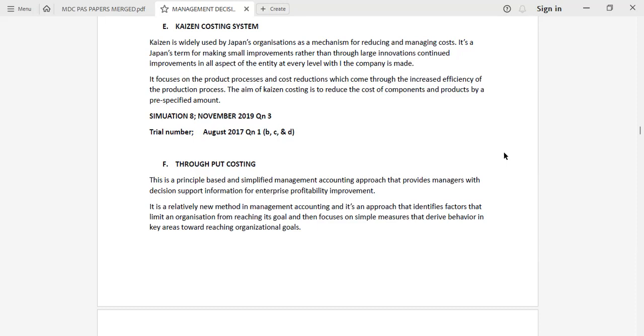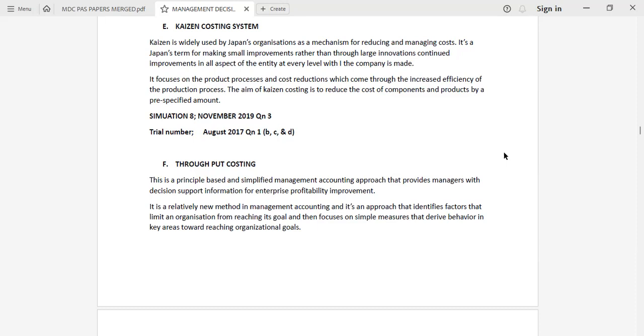So what Kaizen is doing is reducing the production processes, reducing the costs, and at the end of the day, improving the efficiency of the production process.